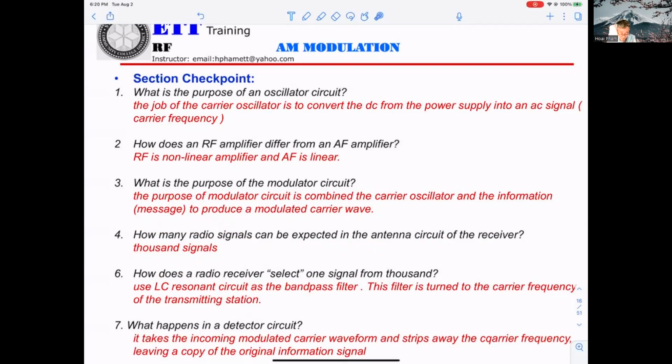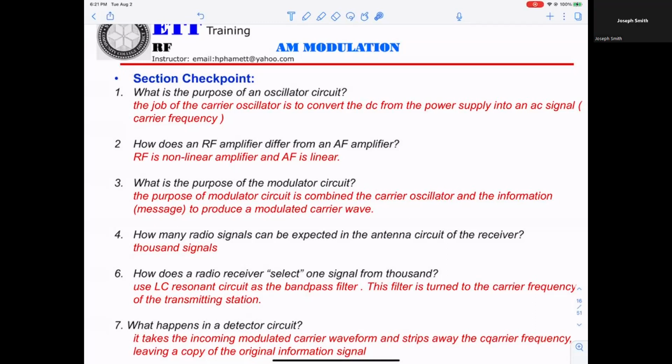The answer will be use an LC resonance circuit. You already know resonance. Okay? Resonance, that means when you change LC up to the resonant frequency, what do you get?